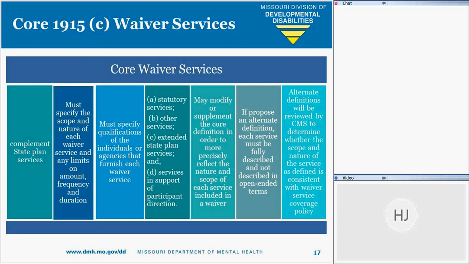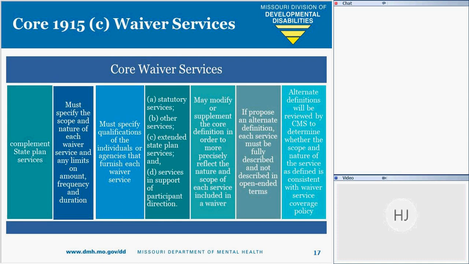CMS has core definitions for many services. States use those CMS core definitions as the basis, but we can modify or supplement those core services to more precisely reflect our needs in our specific state.